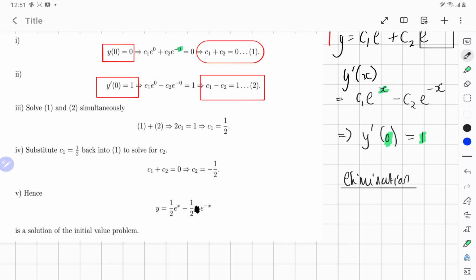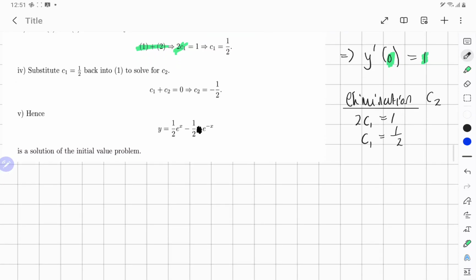So if I add equation 1 and 2, can you see here c1 plus c1 is 2c1, but c2 minus c2 is 0, so I'm eliminating c2 first. I get 2c1 is 1, in other words, c1 is a half.